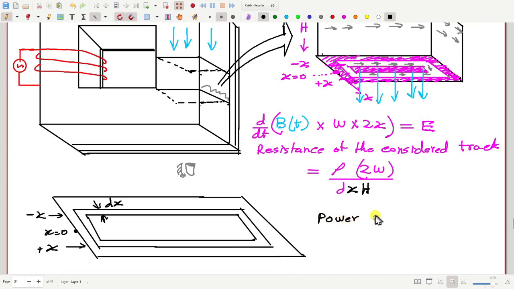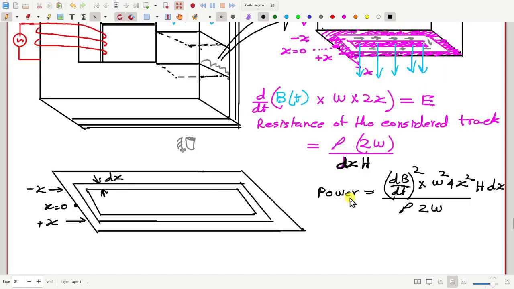Power is basically voltage square by resistance, so that will be dB/dt into w, 2x, square of that voltage square, so let me make it 4x square, divided by the resistance, which is rho 2 w, and this h dx, or delta x. Okay, so that's the power.